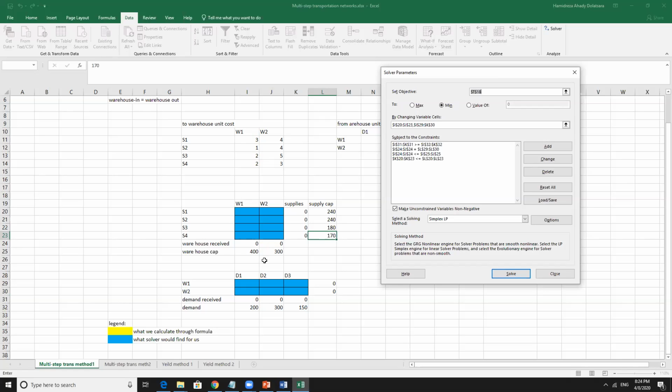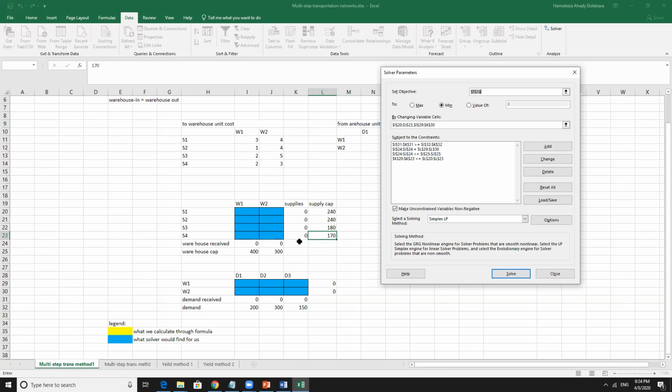And last constraint, K20 to K23, supplies.